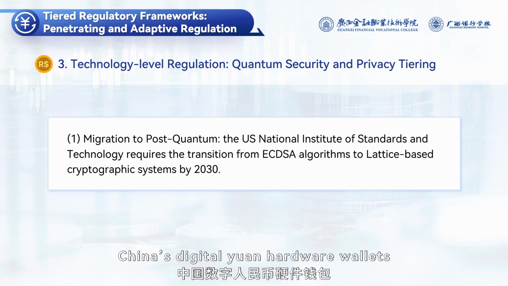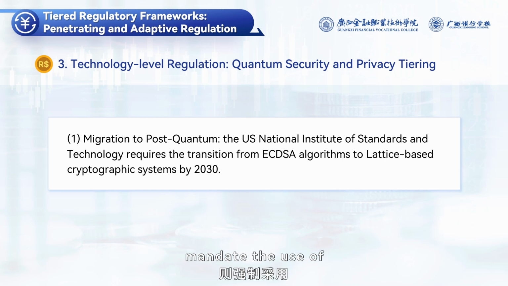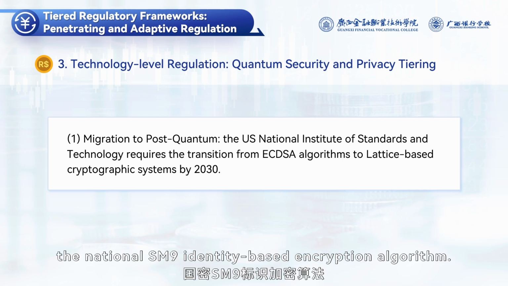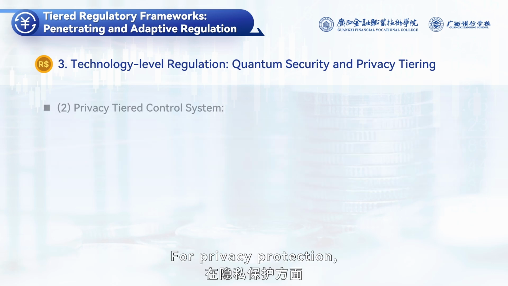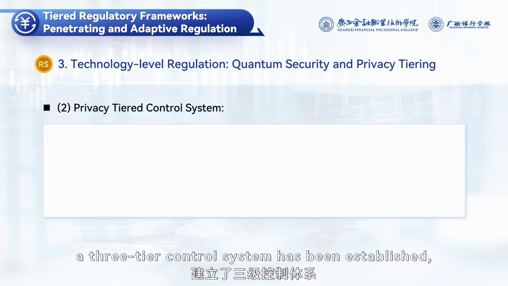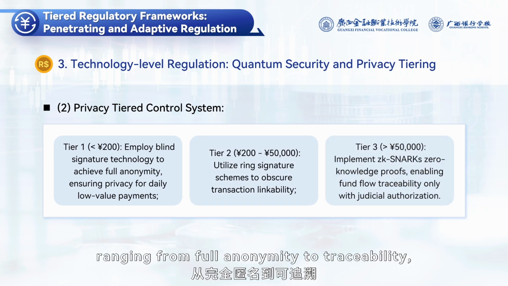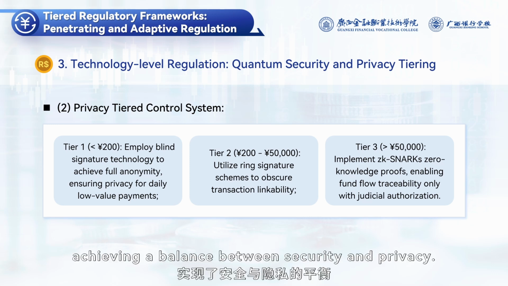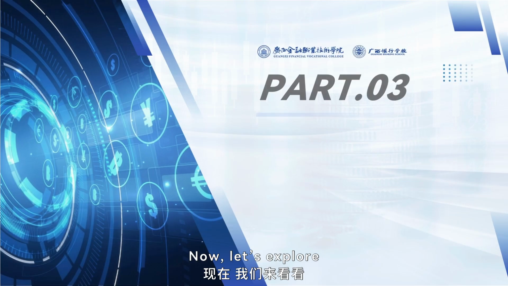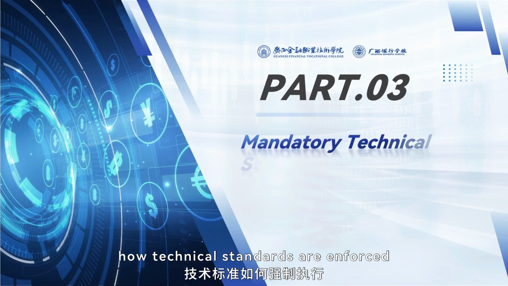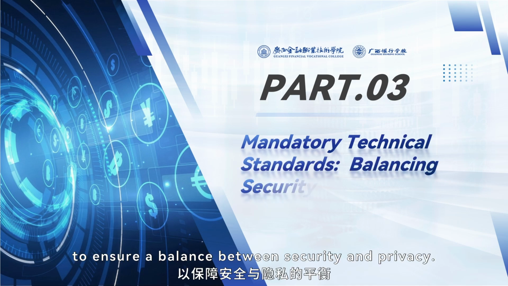China's digital yuan hardware wallets mandate the use of the national SM9 identity-based encryption algorithm. For privacy protection, a three-tier control system has been established, ranging from full anonymity to traceability, achieving a balance between security and privacy. Now, let's explore how technical standards are enforced.